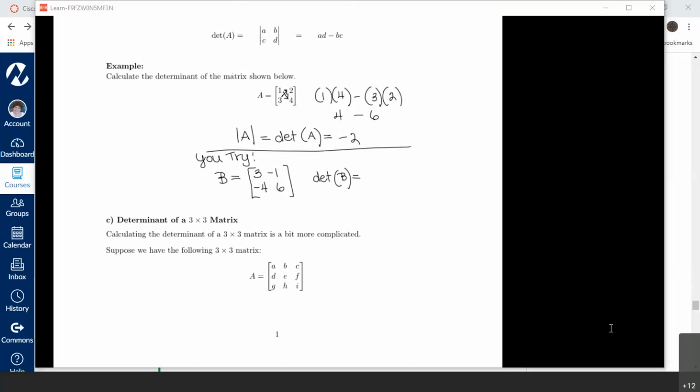Okay, we'll wait for a few more folks to get a value. Actually give it a try, folks. Okay, let's see if we can get one more person to be done before we work it.